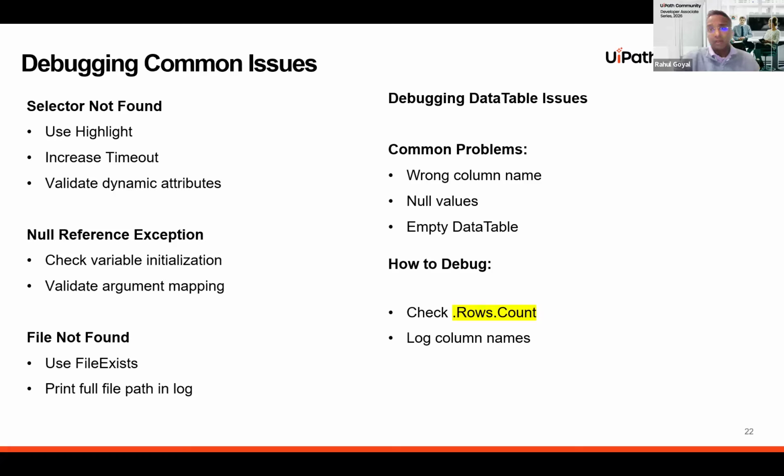In some cases, you want to put in checks like my row count: do I have enough rows in the database table before I can proceed? So you may want to put a breakpoint there to see how many rows I'm receiving at that point. What is my column name coming in at that point in time? If it is failing, why exactly is it failing? So these are some of the common debugging issues which truly demand that you consider doing some debugging.